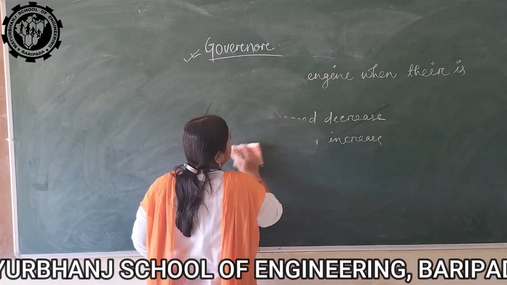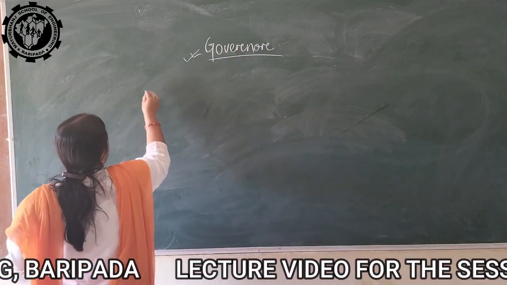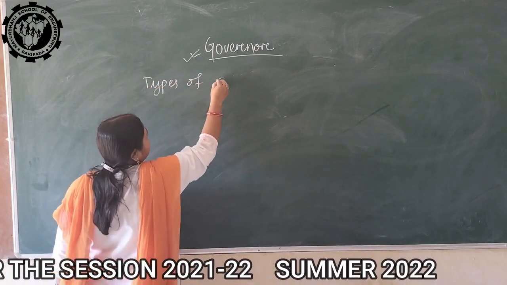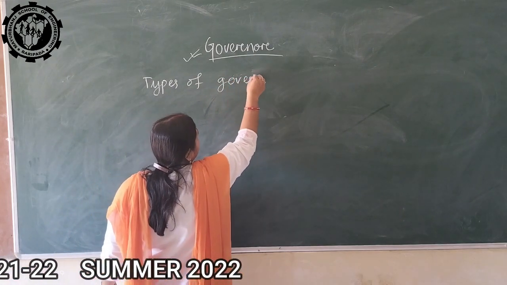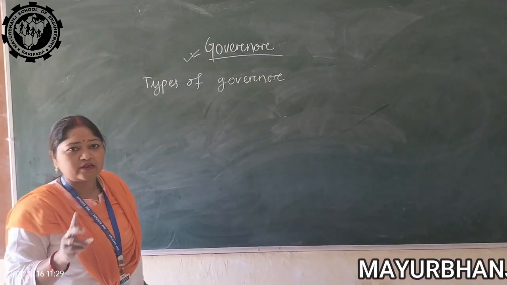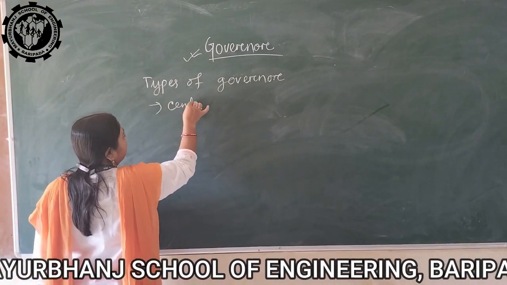Next is types of governor. Governor is basically of two types. One is your centrifugal governor.